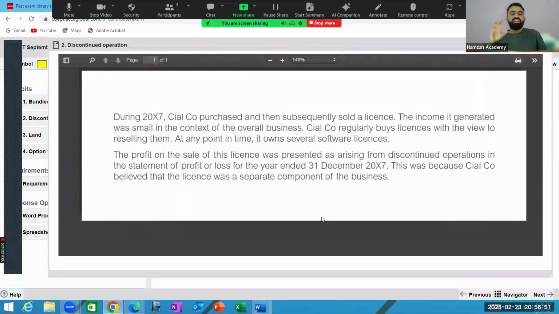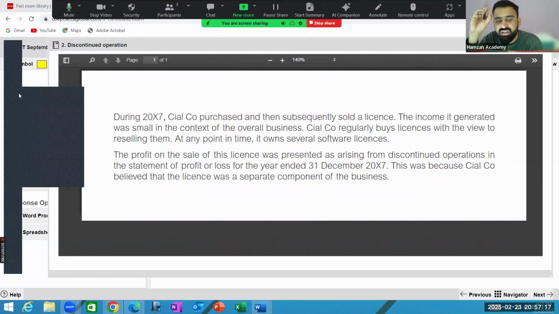So this question revolves around IFRS 5, and in IFRS 5, they are talking about the discontinued operation. Now, what is a discontinued operation? First of all, you need to be aware of what the meaning of a discontinued operation is.